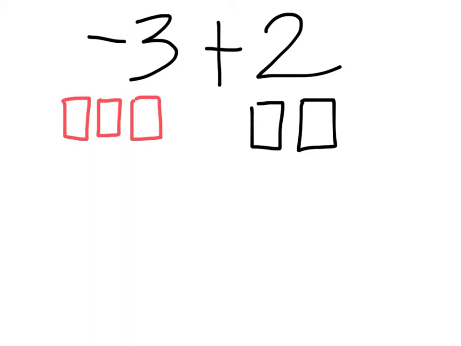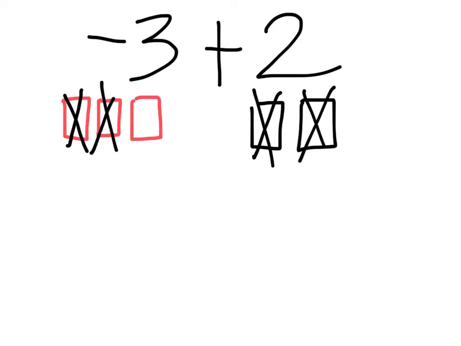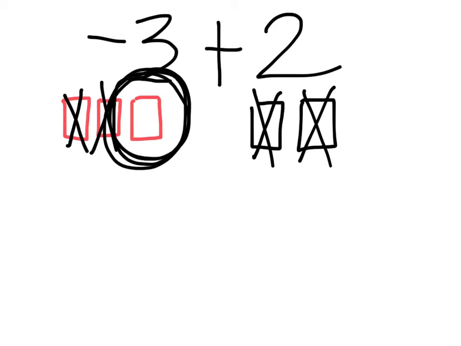So now I will make my zero pairs. This negative can pair up with this positive. This negative can pair up with this positive, and whatever is left over is my answer. So if I have a red box left over, my answer is negative 1.